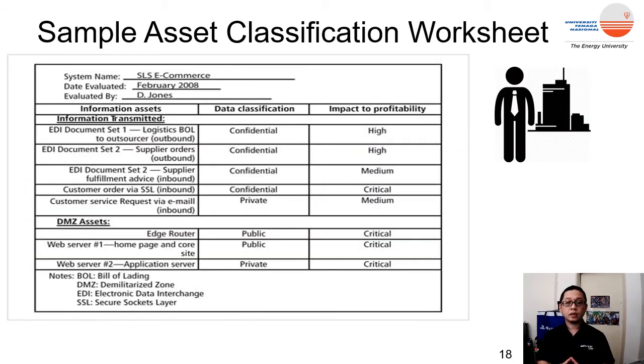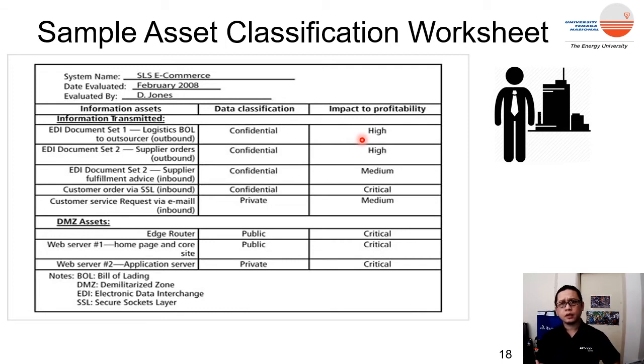So this is just an example of the classification worksheet. If you notice, for this asset, they use the impact to profitability. So for example, you have this set of assets, the data classification: confidential information, private information, public information. And then this is the impact to profitability. How does that organization value those assets in terms of what profit they give to the organization? So for example, a confidential document has high impact to profitability.